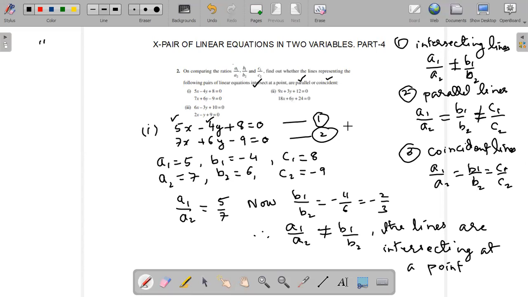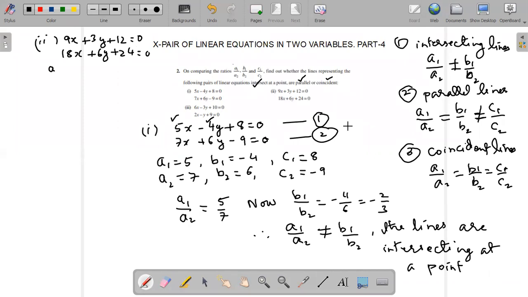Second, we are given the second question as 9x plus 3y plus 12 is equal to 0, and 18x plus 6y plus 24 is equal to 0.